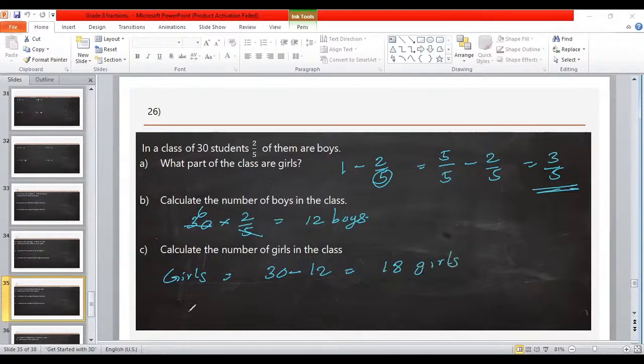On the other hand, other method also you can follow. 30 into 3 over 5. Divide, 6 times 3, 18 girls.